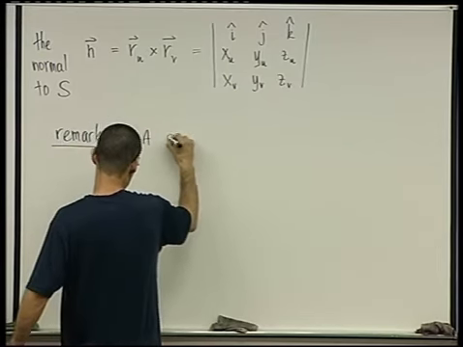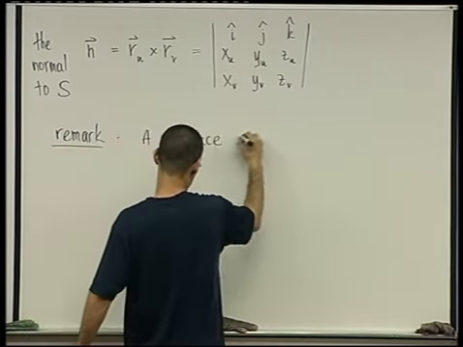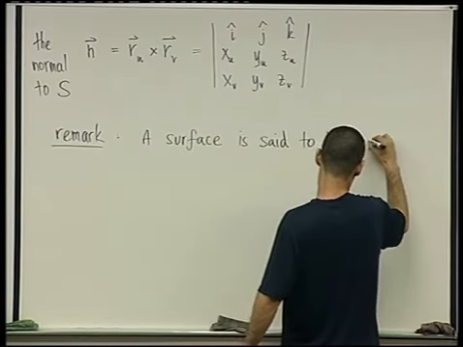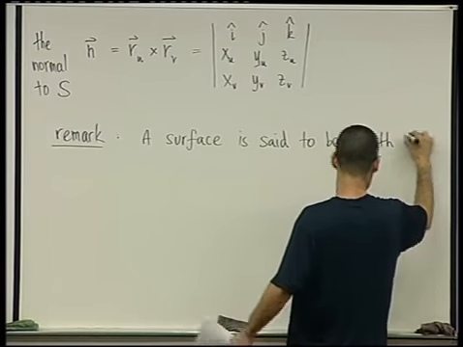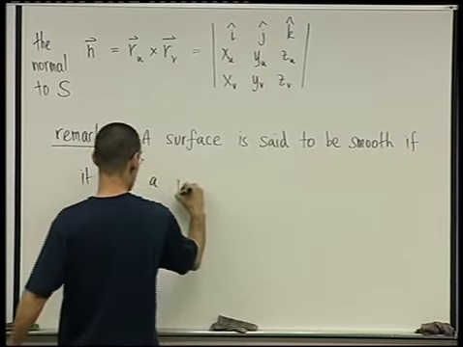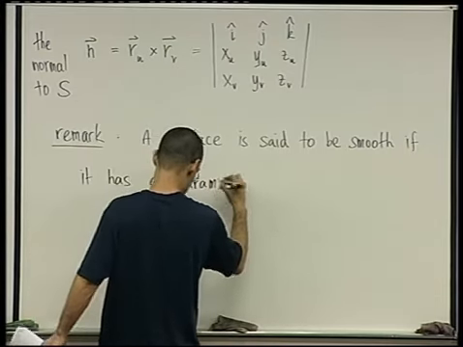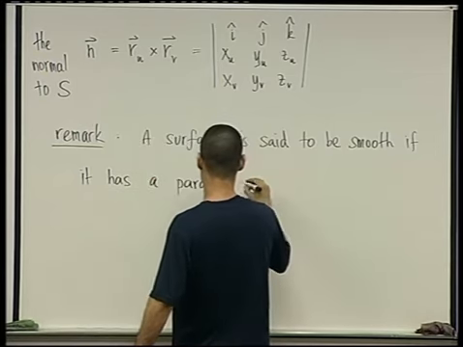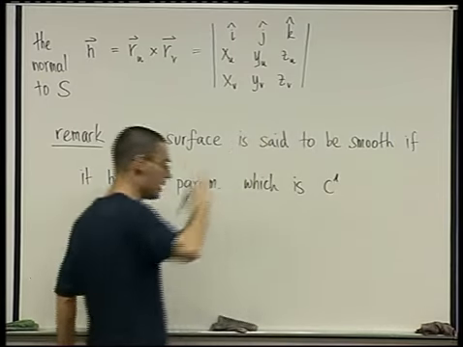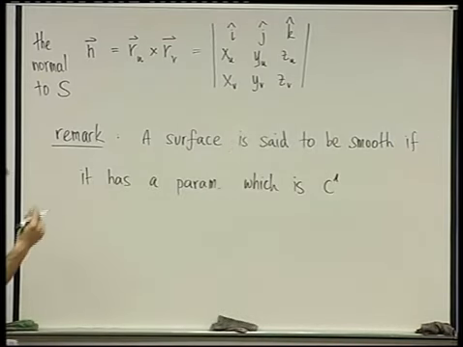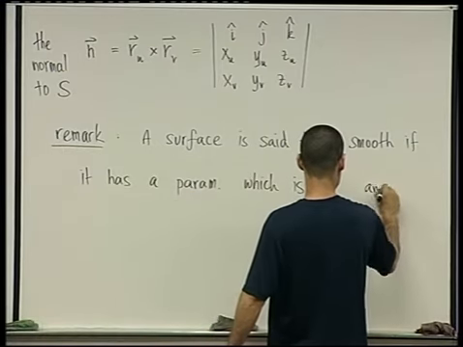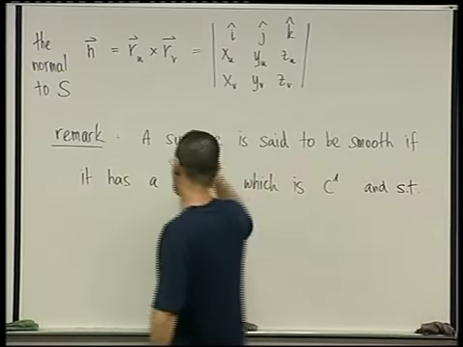A surface is said to be smooth if it has a parametrization, one parametrization, which is C1, so all the partial derivatives of r with respect to u and with respect to v are continuous, and such that the normal is never 0.